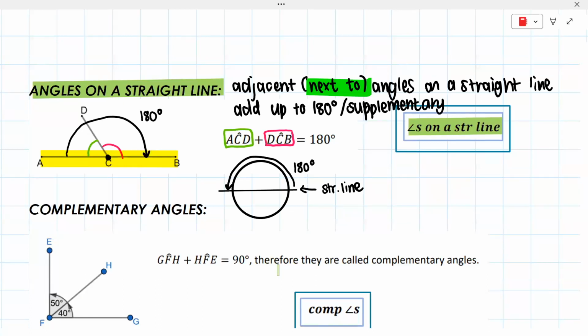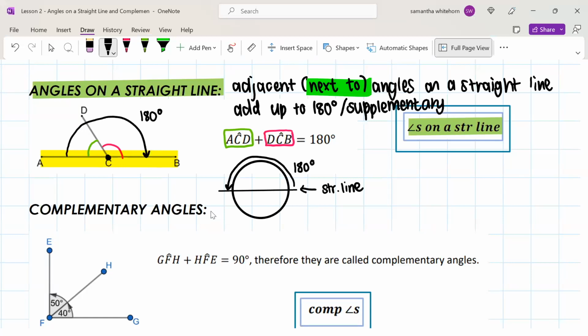Hi, ma'am. I wanted to ask, ma'am, if it would be a Z, would it still stay adjacent? Okay, so I think what you're talking about involves parallel lines. We haven't gotten there yet, so just wait until we get there. But no, they're not next to each other.